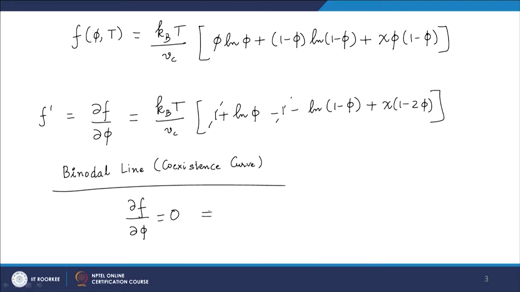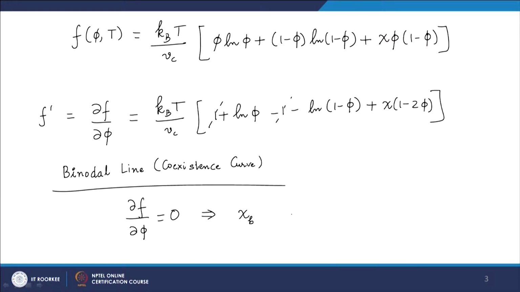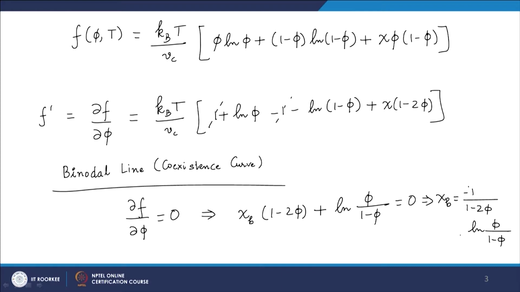So, if I call chi b to indicate the binodal line, by solving that equation I have chi b into 1 minus 2 phi plus ln of phi by 1 minus phi is equal to 0, that is chi b equals minus 1 by 1 minus 2 phi ln of phi by 1 minus phi.